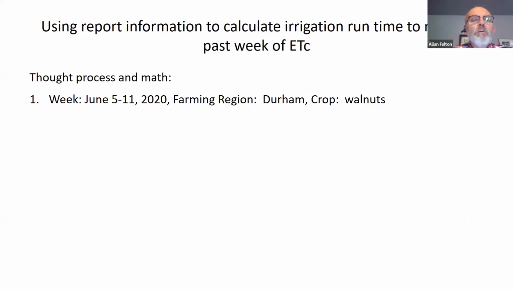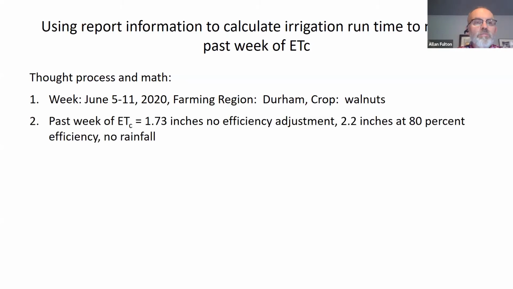So moving forward with using the report information to calculate an irrigation runtime to really replace the past week of ETc in this walnut orchard. Here's the thought process and the math. Again, it's for the week of June 5th through the 11th, 2020. It's for the Durham farming region, and the crop is walnuts.